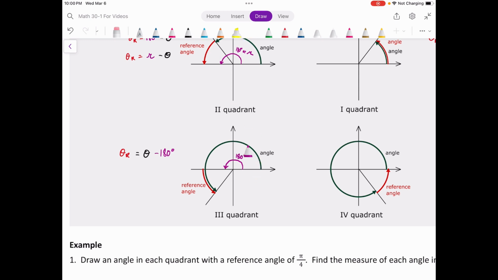Again, look at the full angle here, and then imagine taking away 180 degrees, and what would you be left with? You'd be left with your reference angle, okay? What would that same kind of rule, so to speak, it's really not a rule, it's just a relationship, but what would it be in radians? It'd be the angle minus pi.